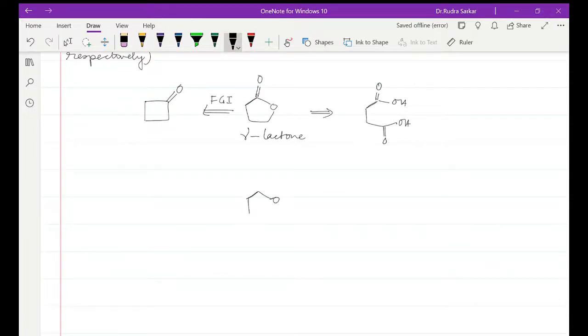Similarly, delta lactones can be made, one can think using cyclopentanone, or one can use Fischer esterification and make the delta lactone.